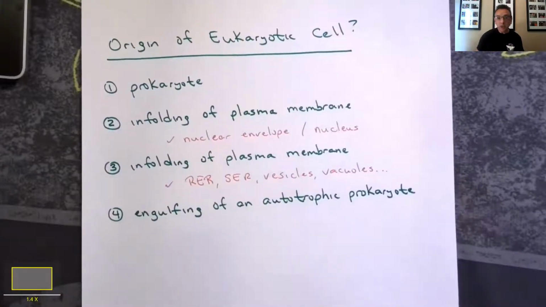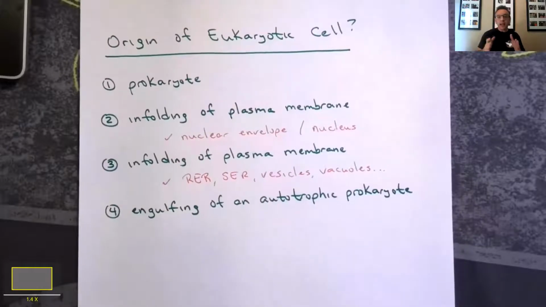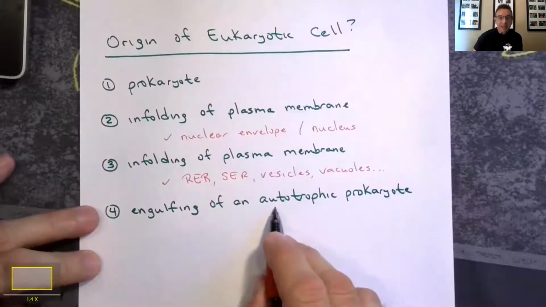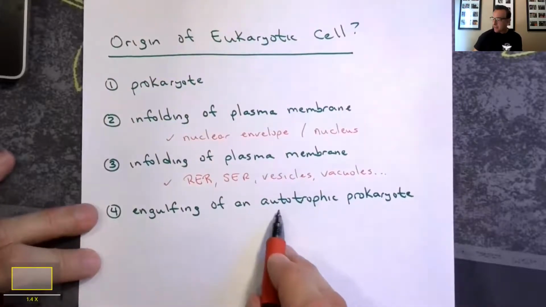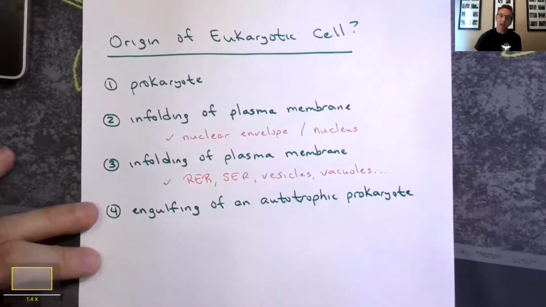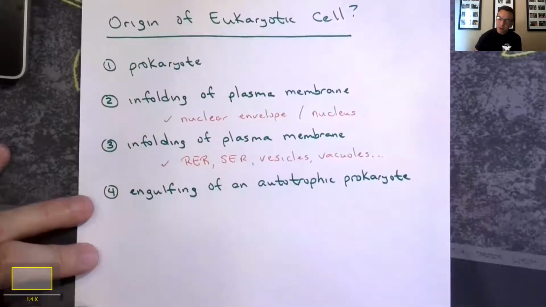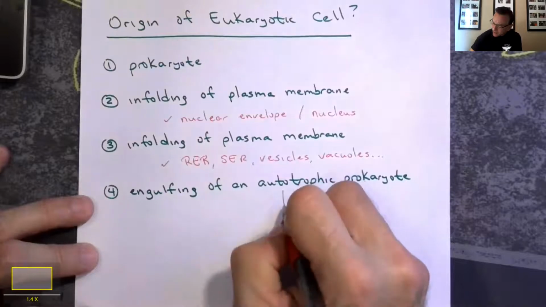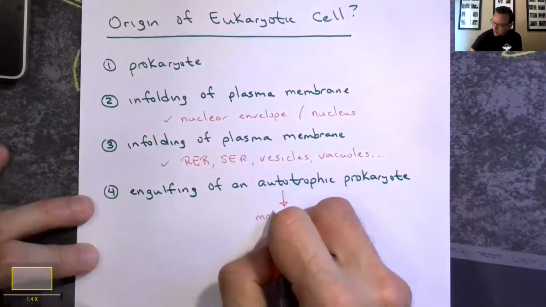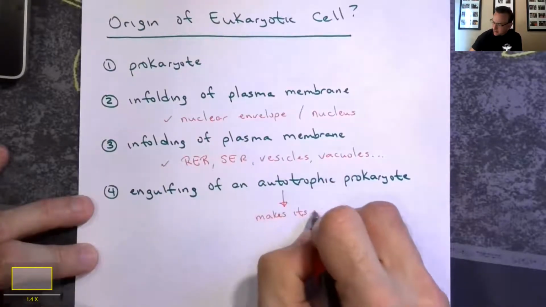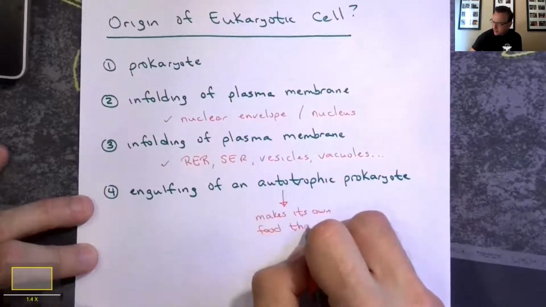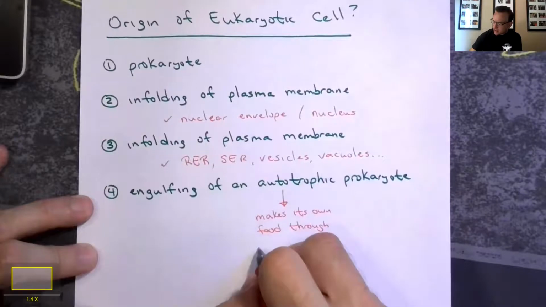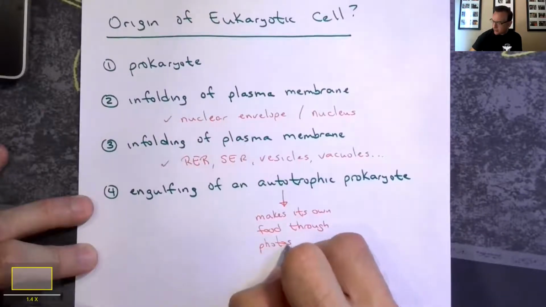We will break these words down into their Greek and Latin roots and explain them, okay? So, auto means self. Troph means to feed. So these are individuals that have the ability to feed themselves. They feed themselves through photosynthesis. So an autotroph makes its own food through the process of photosynthesis.